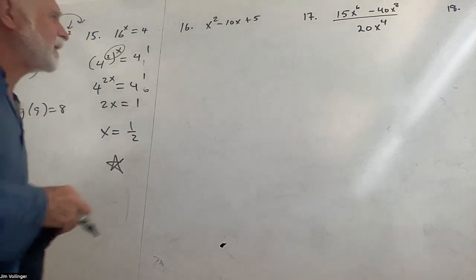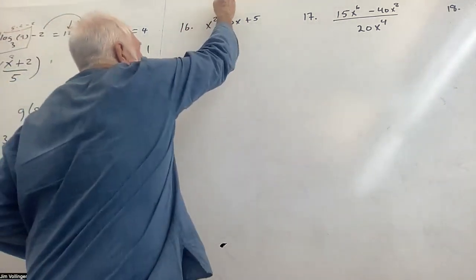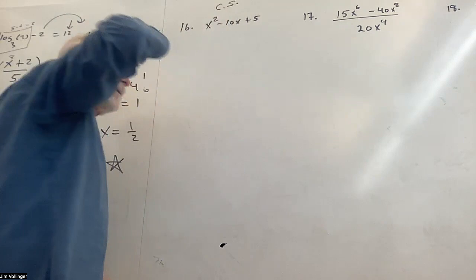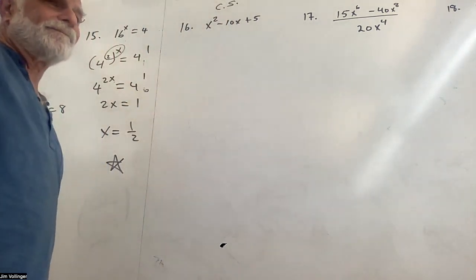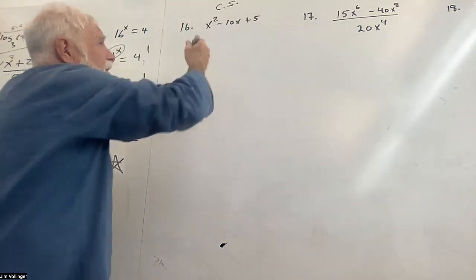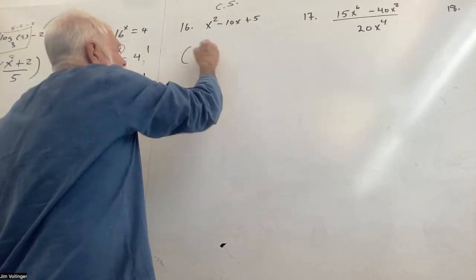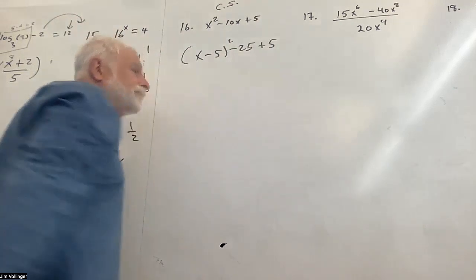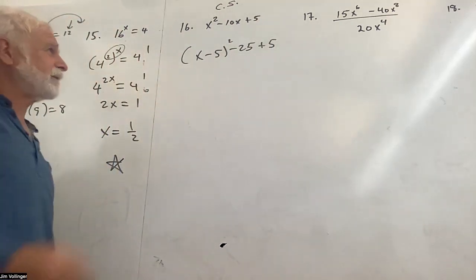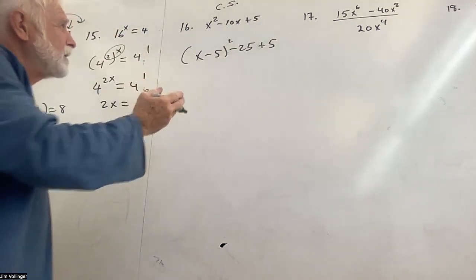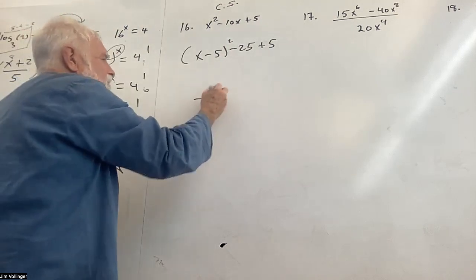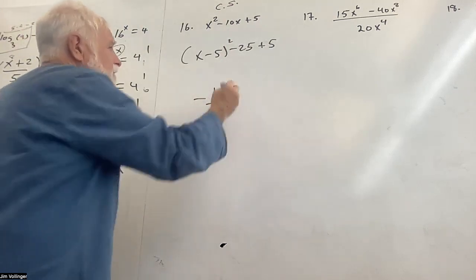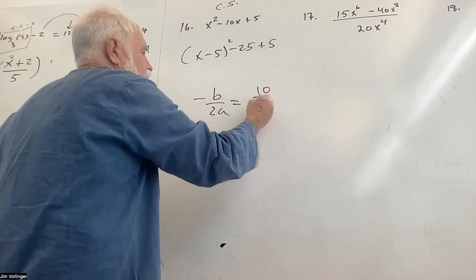All right, x squared minus 10x plus 5, completing the square. Yeah, that's a fancy term for put it in graphing form. I'm hoping that you know how to do that quickly, and we've practiced it enough. But if you don't, completing the square is all about minus b over 2a, which in this case is positive 10 over 2 times 1.